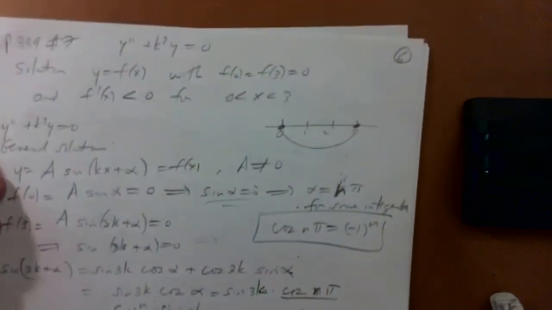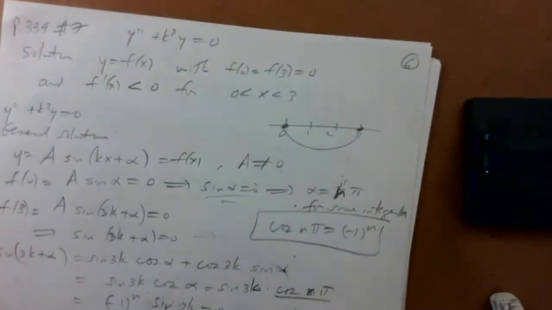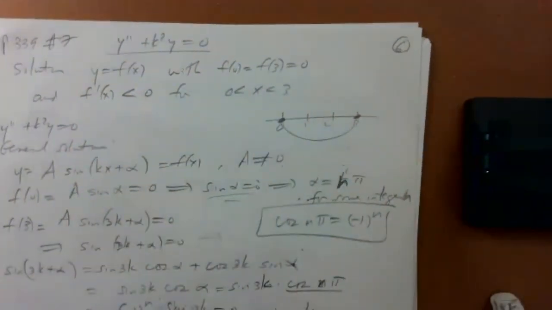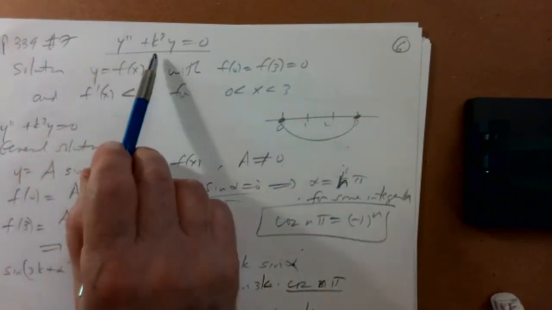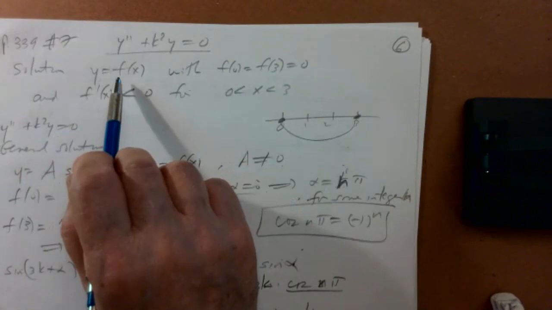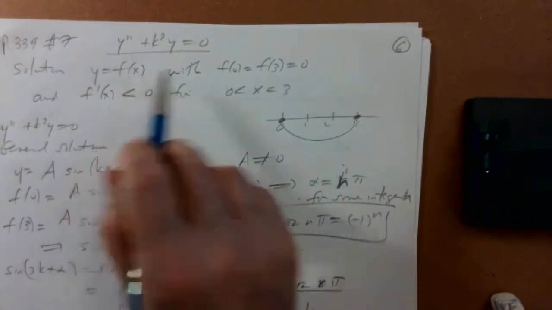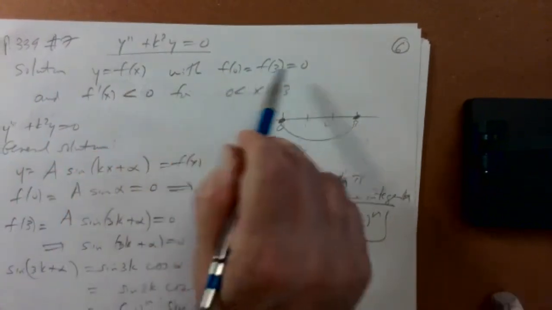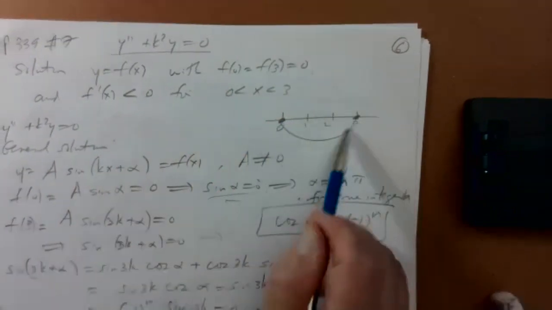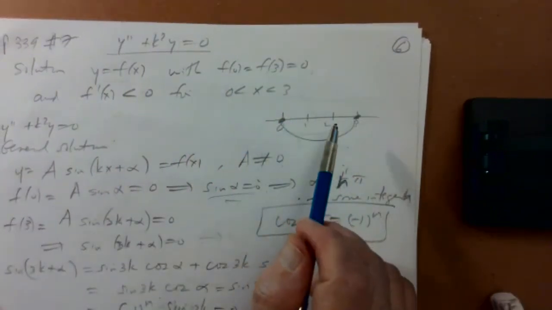So let me just repeat this analysis. It's interesting. We have our simple harmonic oscillator. We have a function y of x that satisfies this differential equation. We're looking for the particular solution f of x, where f of 0 equals 0, f of 3 equals 0, and between 0 and 3, this is negative.